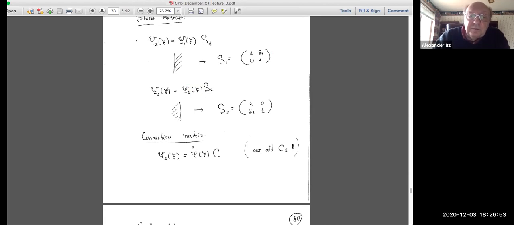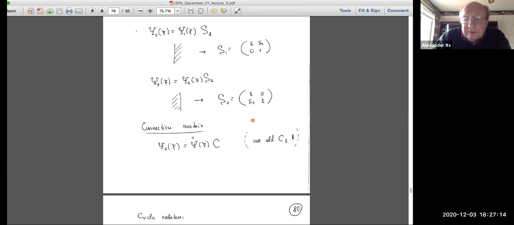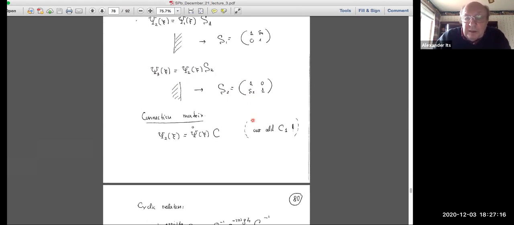Then I have S2, which is between psi3 and psi2. And again, on the left half plane, I can use the same asymptotics in both functions, and so I get S2 like that. It is another triangularity. It is, of course, the same matrix.